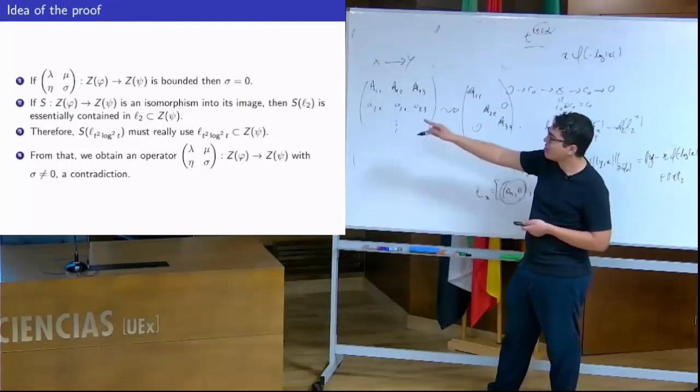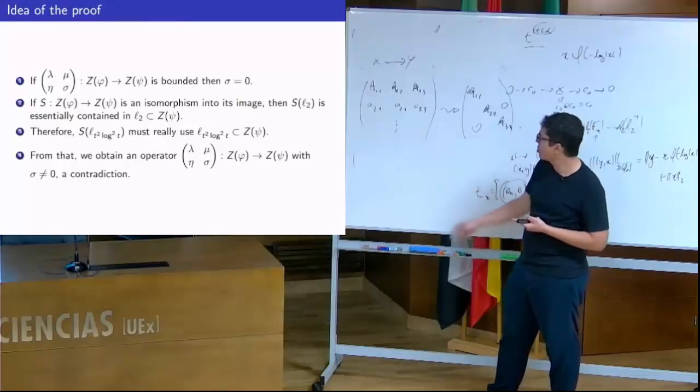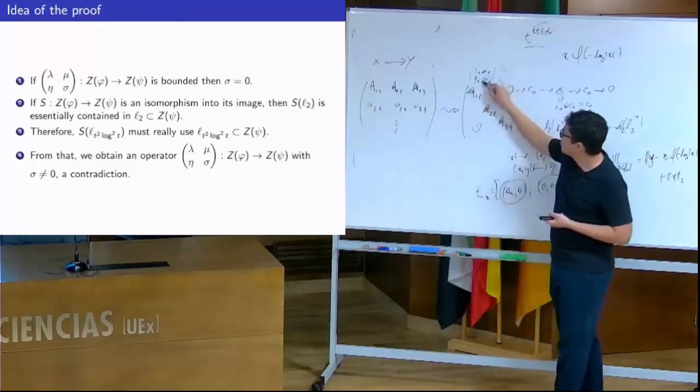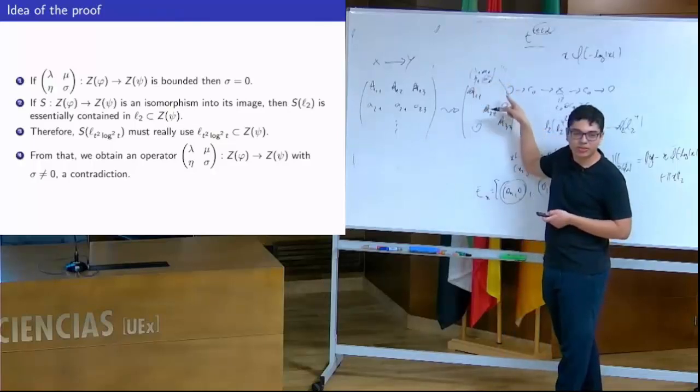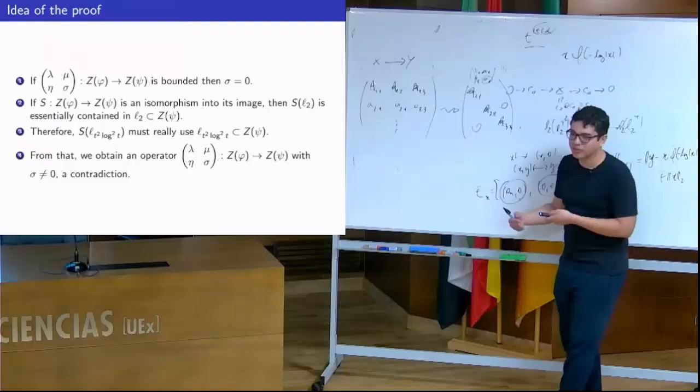And since by the third step, the second coordinate really must be used, so this is a matrix lambda 1, mu 1, eta 1, sigma 1, and so forth, this sigma 1 here must not go to 0. So you get, up to a subsequence, a matrix of this form that is bounded on the spaces, and you get a contradiction.